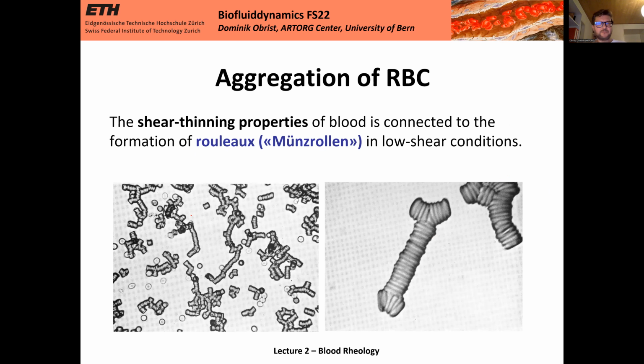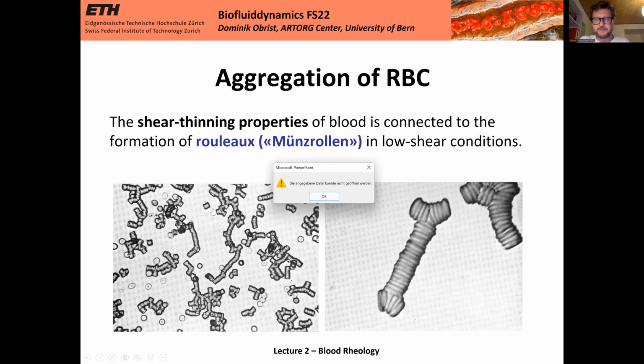Here's a picture of these rouleaux. They're called Münzrollen, money rolls. This is actually a reversible process. You can get it if you take a bucket of blood and let it flow maybe between two flat plates and move the flat plates against each other.